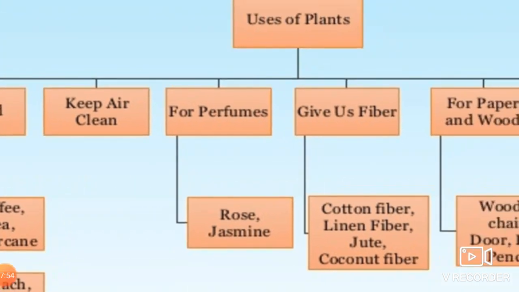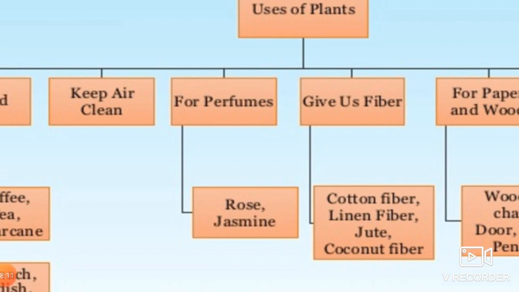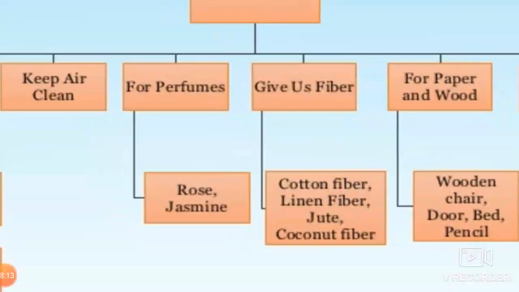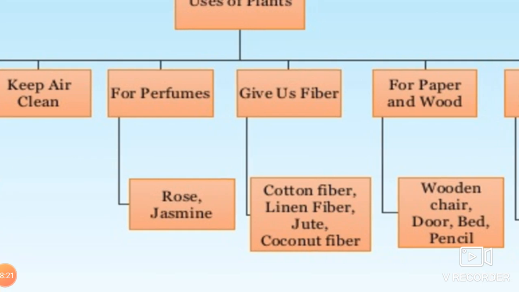The next, for perfume. Flowers of some plants have a pleasant smell. These flowers are used to make perfume. Examples of these plants are rose and jasmine. Rose and jasmine flowers have a very pleasant smell, so these flowers are used to make perfume.